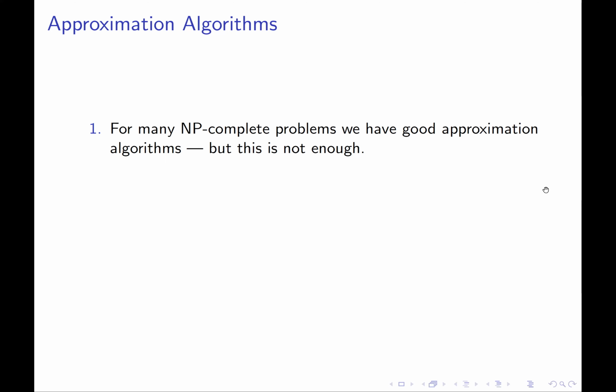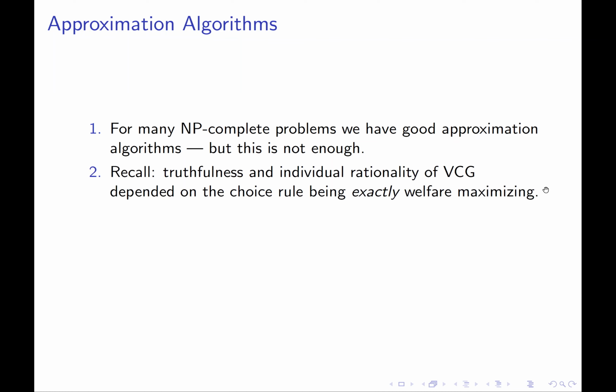But if we're running some approximation algorithm, we're doing something else. We're not quite maximizing social welfare. And from last lecture, we know that the only way we can possibly pair such an approximation algorithm with a payment scheme to make truth-telling a dominant strategy is if somehow we design our approximation algorithm to be monotone. And so that'll be a real constraint for us, right?